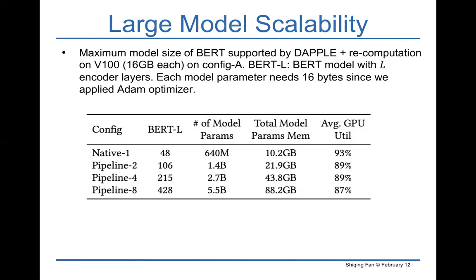There is a slight reduction in average GPU utilization due to more bubbles introduced by longer pipeline stages. In this case, the maximum model size scales linearly due to the balanced distribution of model parameters over encoder layers in the BERT model.